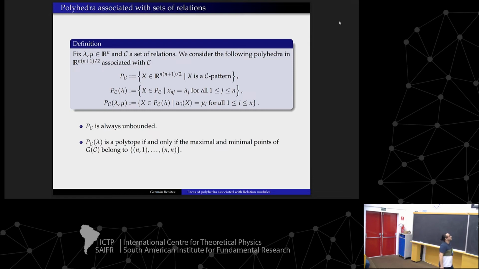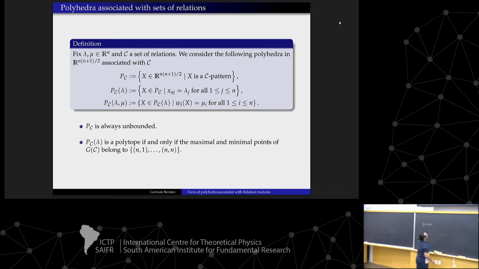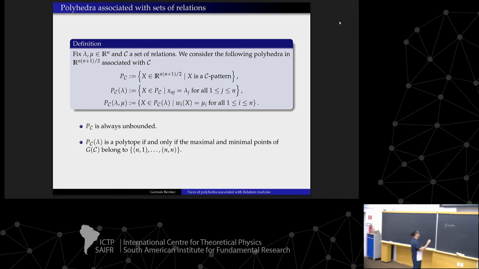It is easy to check that P_R is always unbounded. It is enough to consider any self-relations. For example, put the thing in a triangle.